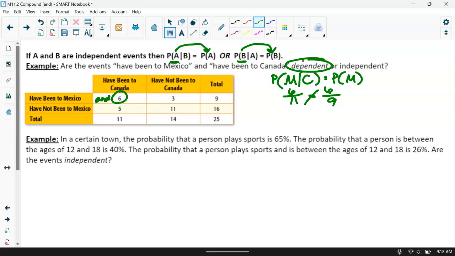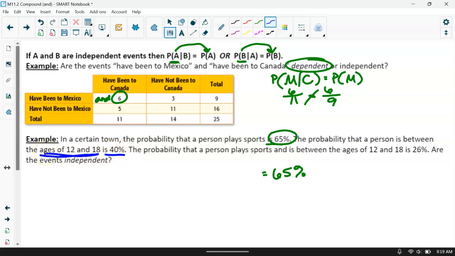So again, even in words, the probability that someone plays sports is 65%. So we're saying that this value, the probability overall is 65%. The probability that a person is between the ages of 12 and 18 is 40%.